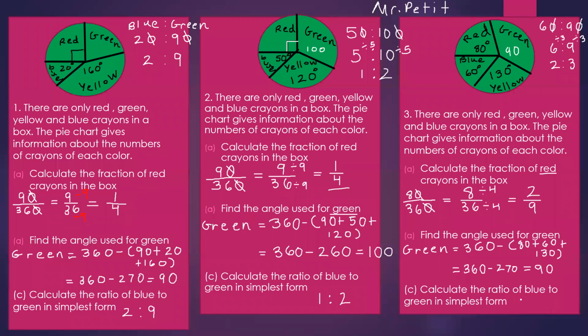So it's 2 to 3. Very good. All right. Anyone got number 3 right? I got it right, Mr. T. That's very good. So that was what we did yesterday.